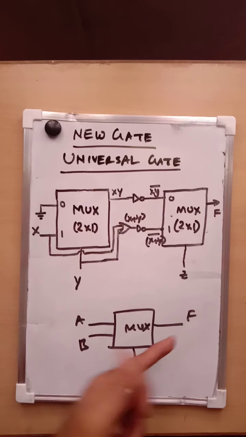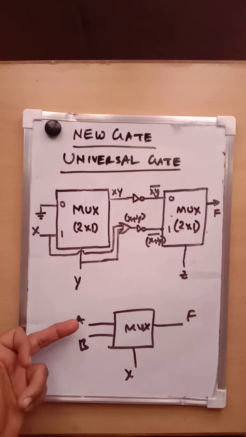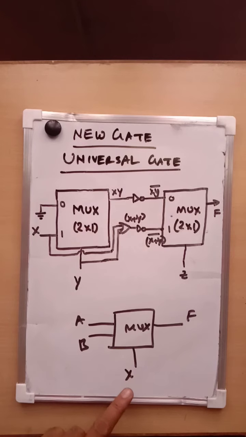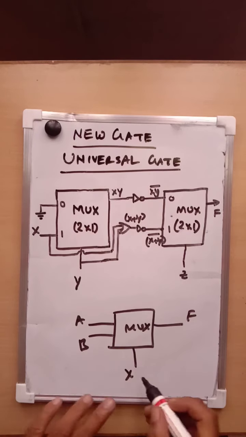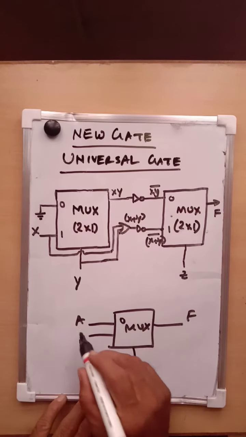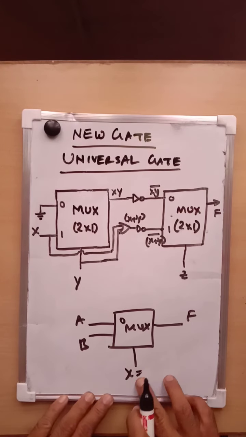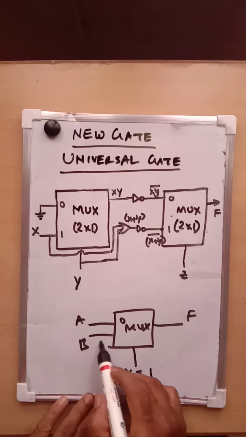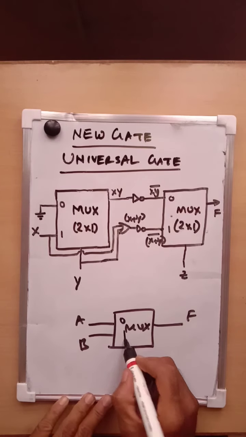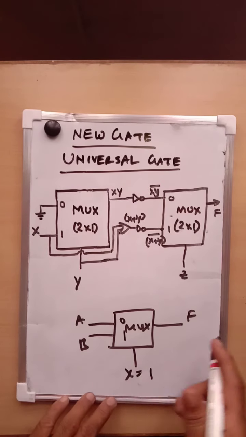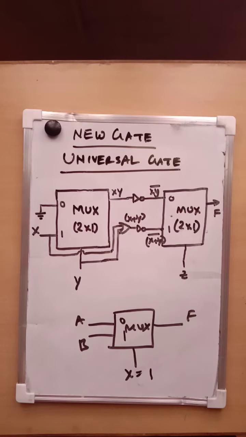Either of the inputs passes to the output based on the select line. If the select line is 0, then A comes as the output. If X is 1, then B comes as the output. This is the explanation of the multiplexer.